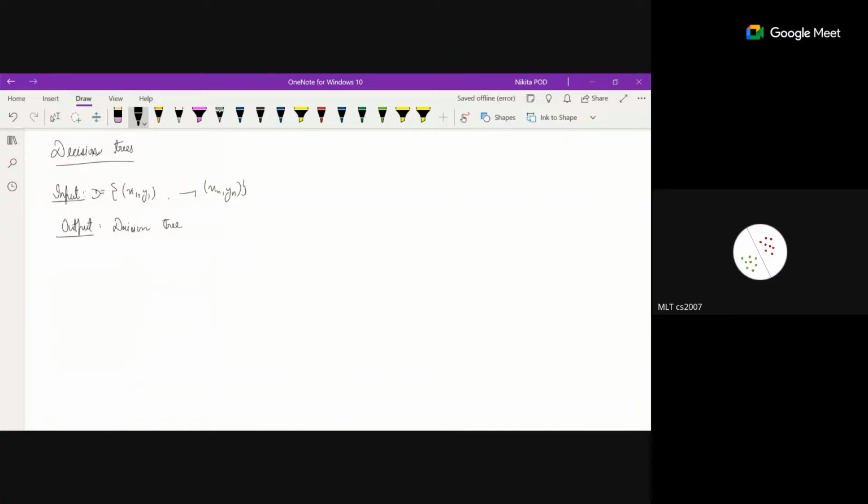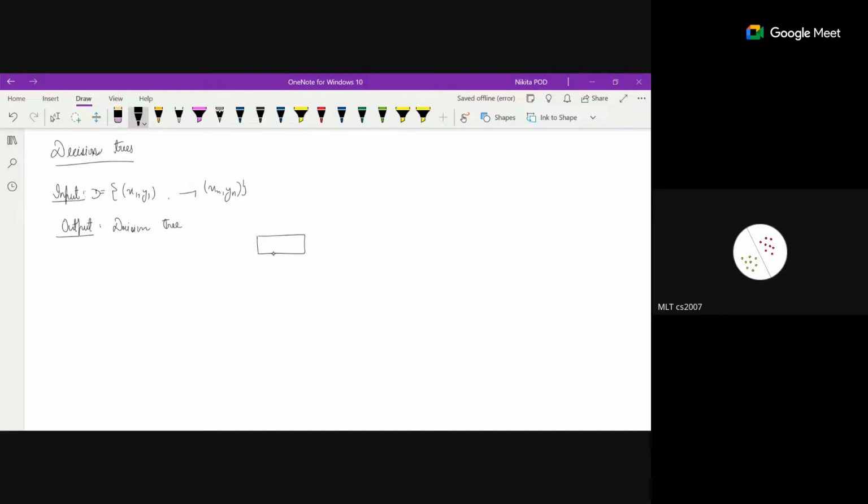Now, what a decision tree looks like is something like this: let's say you have asked a question. Based on this question, you can split your data into two parts. For example, is height greater than 150 centimeters?